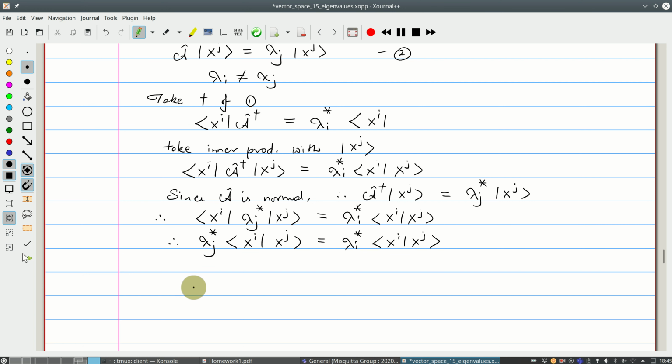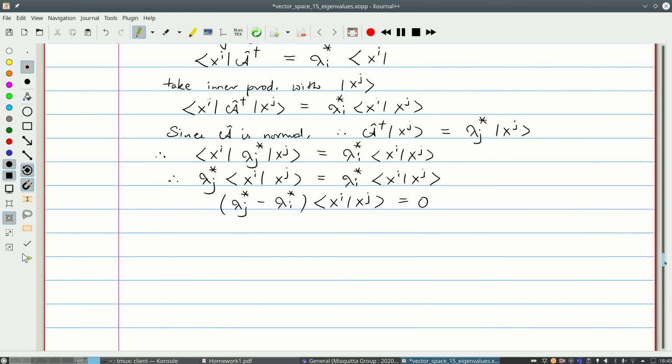As with the Hermitian case, we're going to bring these two terms to one side, and that gives us lambda j star minus lambda I star times the inner product of xi and xj is equal to 0, and that's the 0 number, not the 0 vector. Now, if lambda I is not equal to lambda j, then lambda I star is not equal to lambda j star.